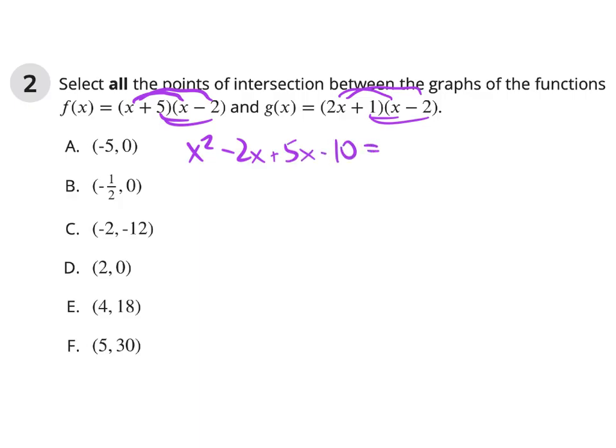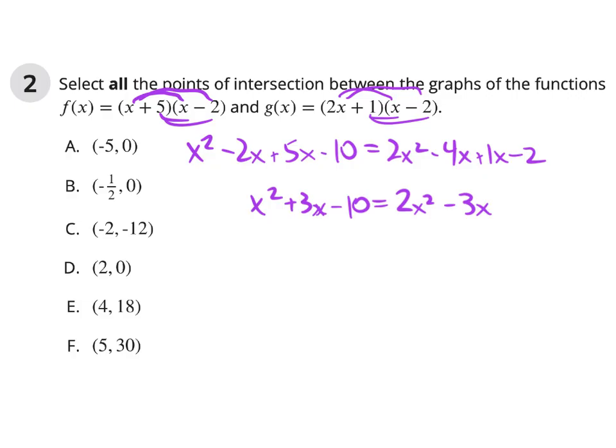We're going to set that equal to 2x squared minus 4x plus 1x minus 2. So we get x squared plus 3x minus 10, and then 2x squared minus 3x minus 2.